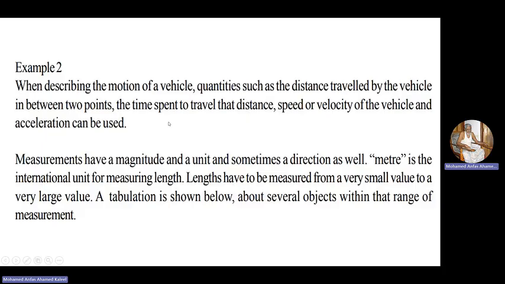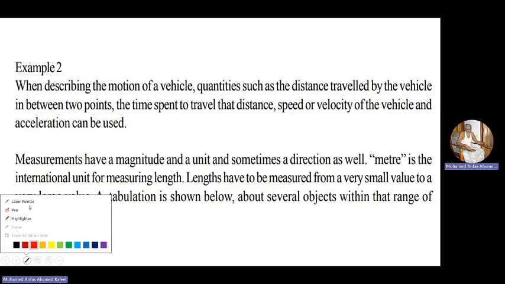For example, if we are traveling in a vehicle, we can observe in the speedometer the speed or the velocity of that vehicle. But acceleration we cannot read, so we have to calculate it separately from the directly measured physical quantities.